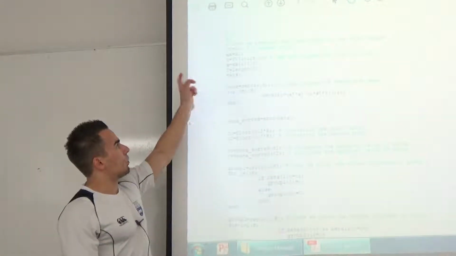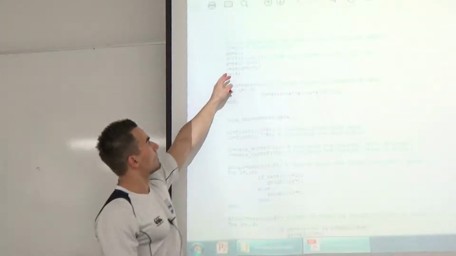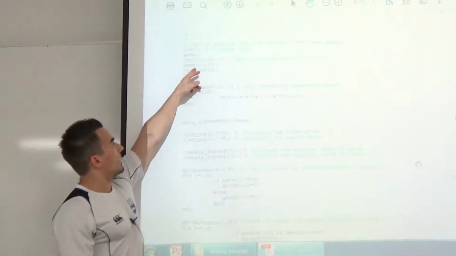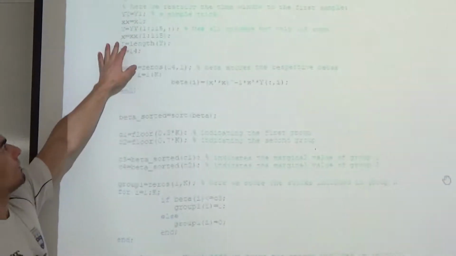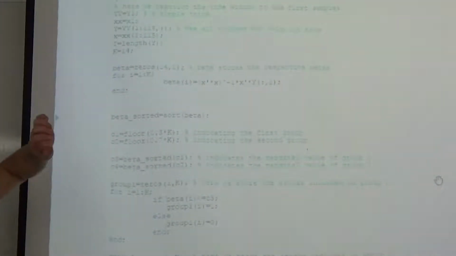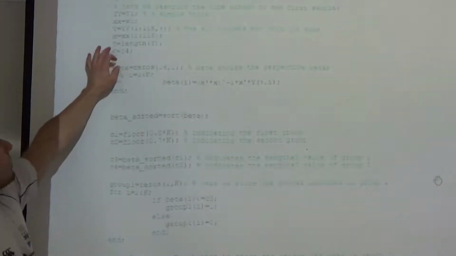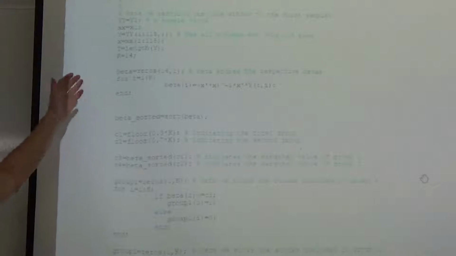Now we have copied this matrix, and we do the same with the excess return matrix. So we define XX as X1. Next, we define our Y. Y should be YY, which is now Y1, our excess return matrix.